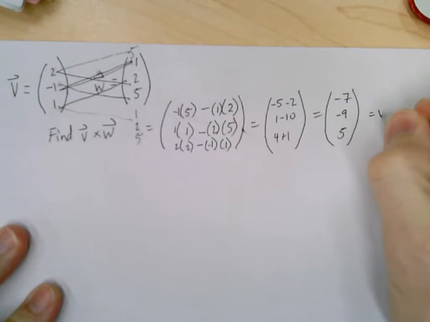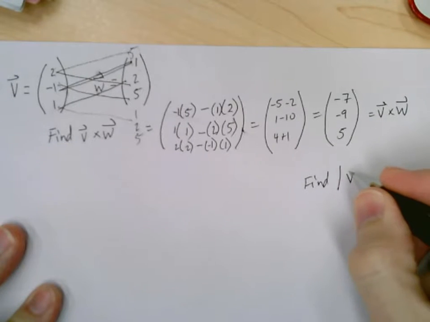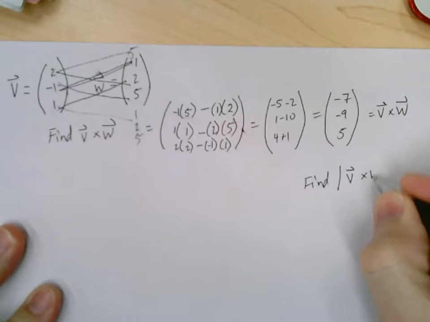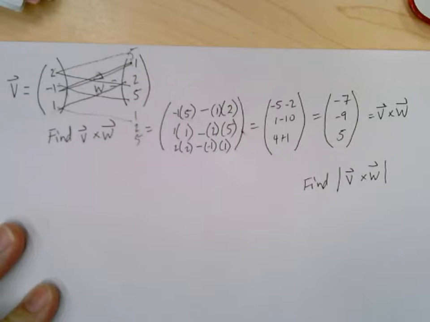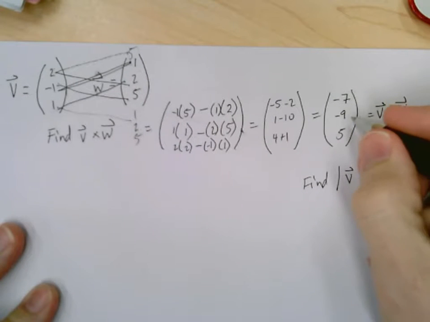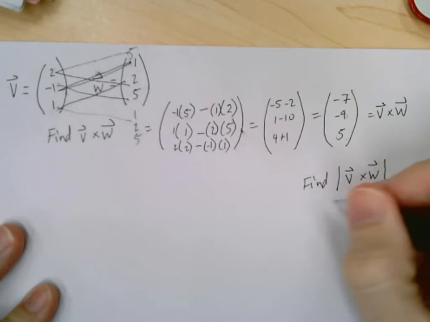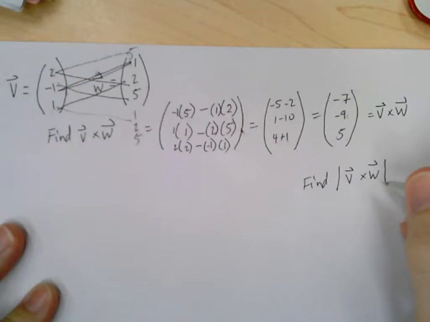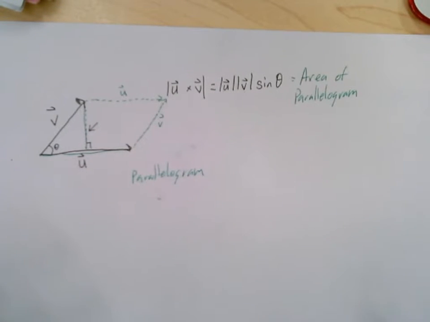So if this is equal to v cross w, I can very easily find the magnitude or the absolute value or the modulus of those, right, by doing v1 squared plus v2 squared plus v3 squared, all square root of that, to find the modulus or the distance formula for that, okay? And you've done that before. So with that, I can now find the area of any parallelogram in three-dimensional space, which is kind of cool.